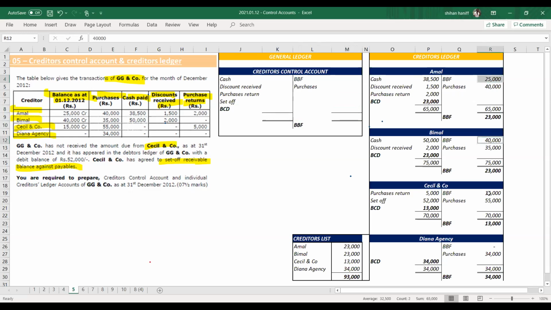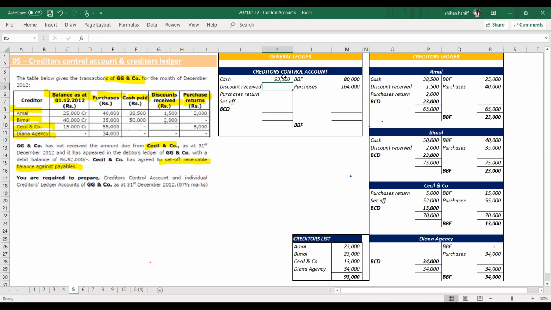Opening balance 25, 40 plus 15, 80,000. Purchases 40,000 plus 35, 55, and 34, 164,000. Cash 38,500, 50,000 and 5,000, 93,500.